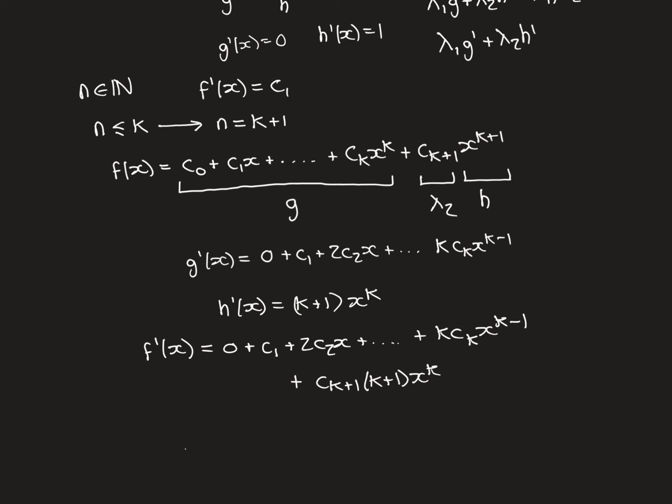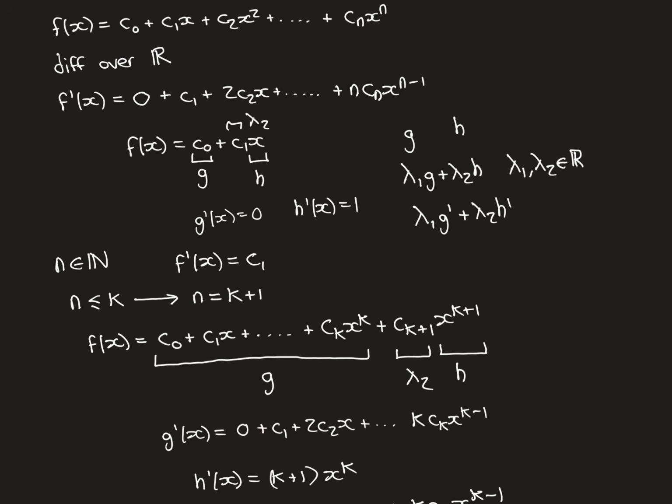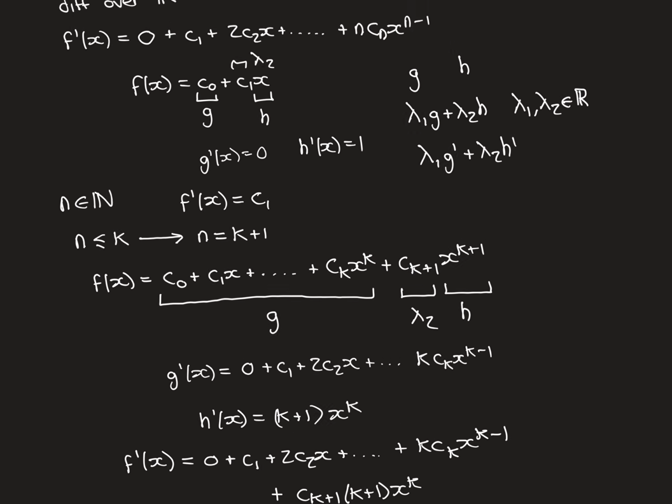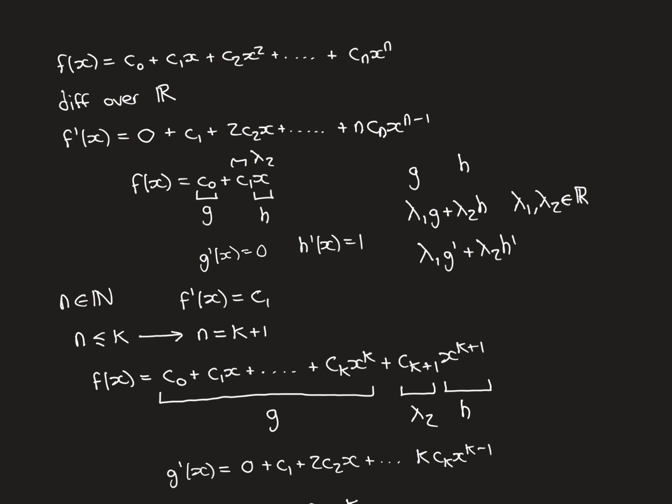But of course that formula that we've got here is now our exact formula from up here, so therefore our polynomial of degree k plus 1 is satisfying both parts of this theorem. It's differentiable over the entire real line, and its derivative is going to be given by this formula.